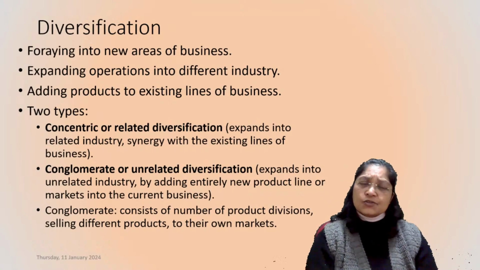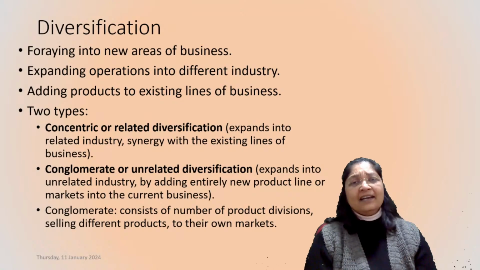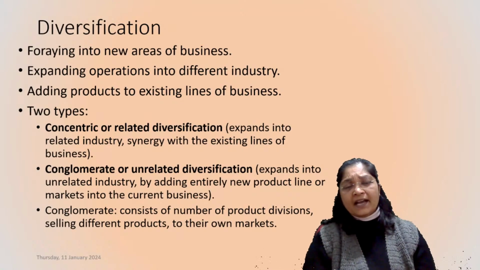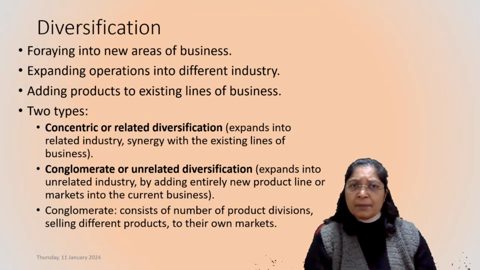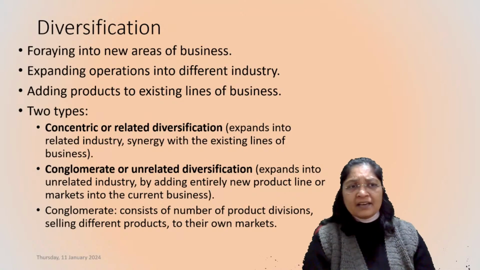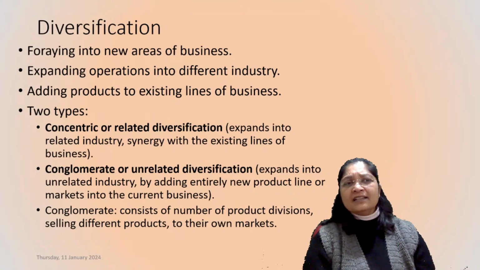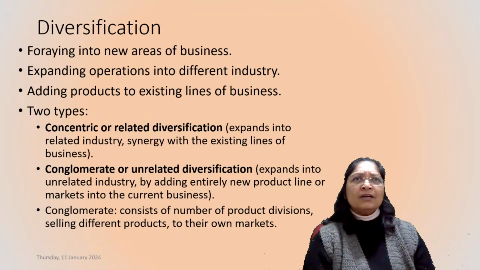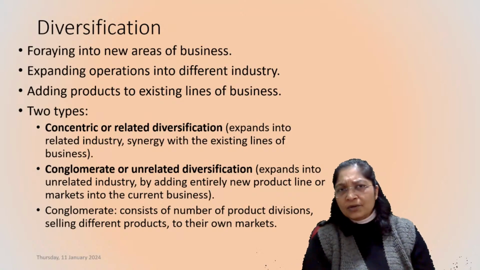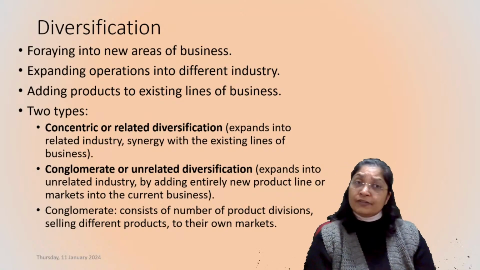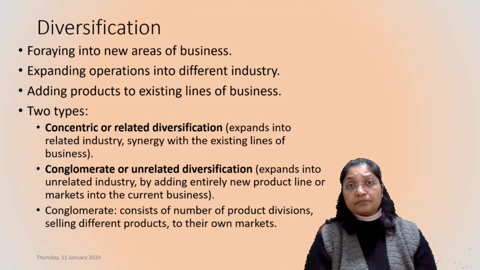So let's say the company is into manufacturing scooters, two-wheeler industry. Due to market research and consumer behavior, as a result of customer research, they see that scooters are not in demand anymore. The customers prefer to buy motorcycles.